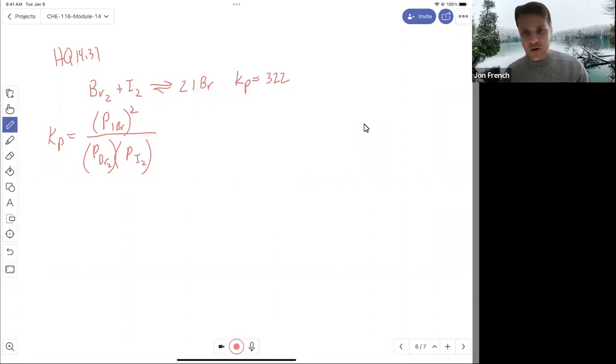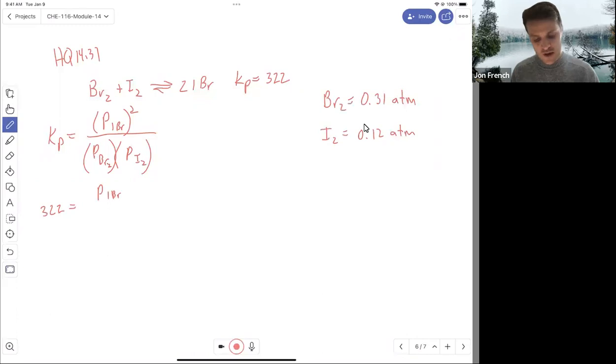And they tell us the partial pressure of bromine is 0.31 and iodine is 0.12 atm. So I know Kp, 322. My partial pressure of iodobromine, I don't know. My partial pressure of bromine is 0.31 and my iodine is 0.12.